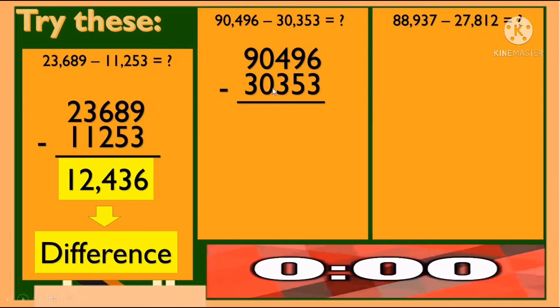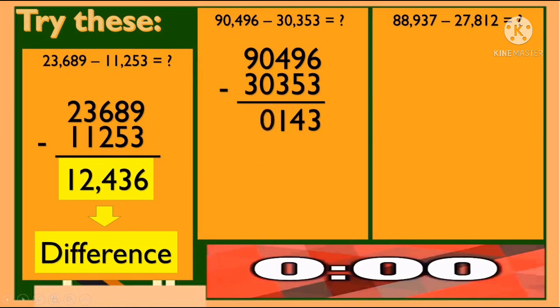Alright? Okay. Now, what is 6 minus 3? 3. Good job. 9 minus 5. 4. Very good. 4 minus 3. 1. Alright. 0 minus 0.